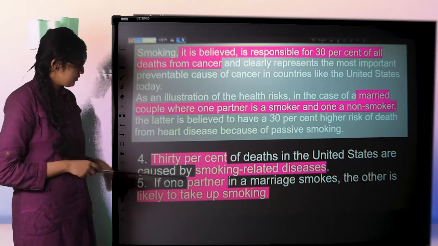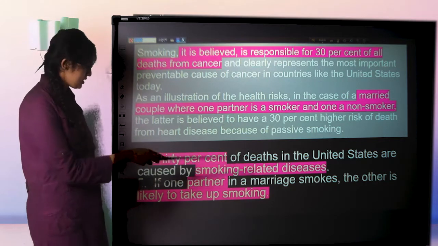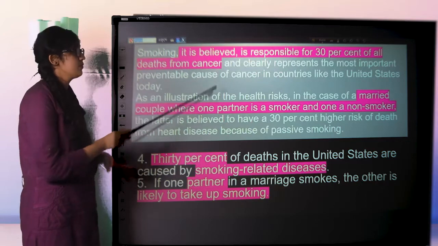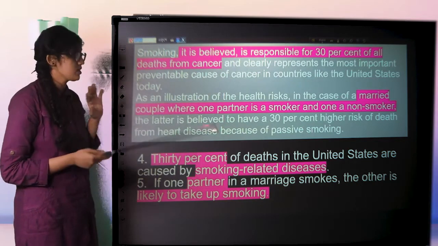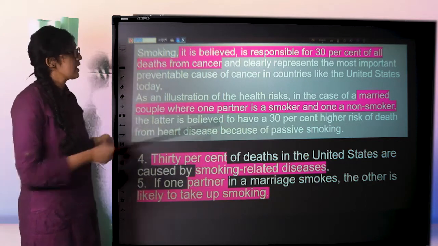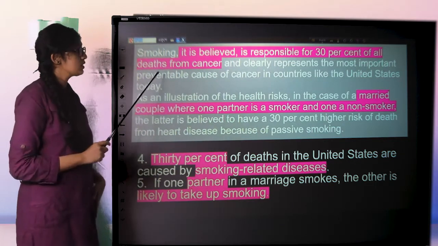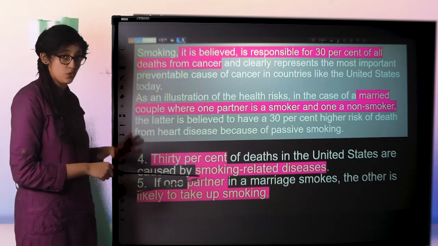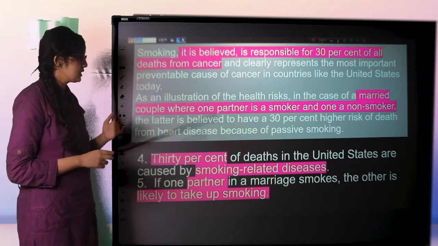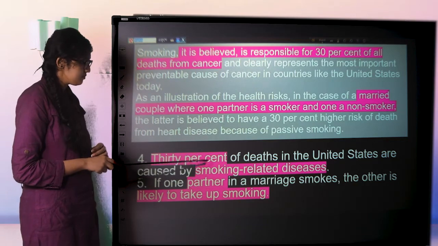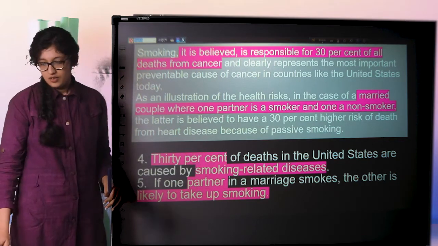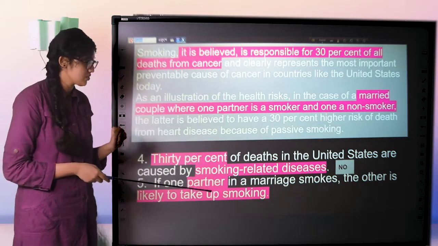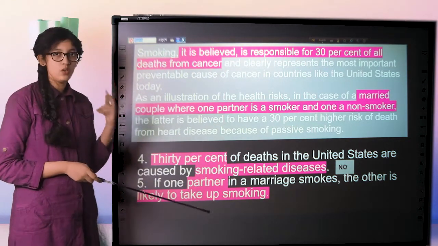Again, the fourth question: 30% of deaths in the United States are caused by smoking-related disease. Over here it says it is believed, so it's not something definite, and it also says it's responsible for 30% of all deaths from cancer, so this is not really what is mentioned in the fourth one. We can say that this fourth statement is false. So it's no, because this is a yes, no, not given question. So it's either no, yes, or not given.